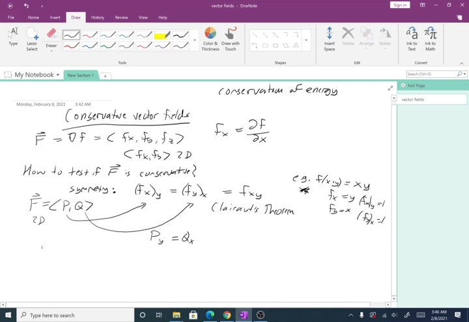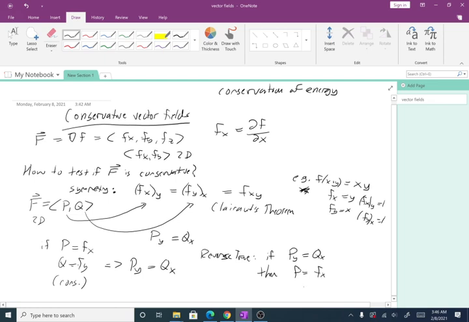Right, so this is just saying if P equals Fx and Q equals Fy, so it's conservative, then Py equals Qx. So it turns out the reverse is true. If Py equals Qx, then P equals Fx and Q equals Fy for some F.